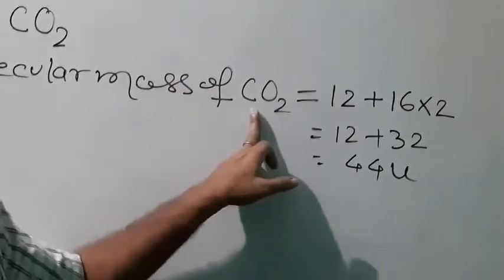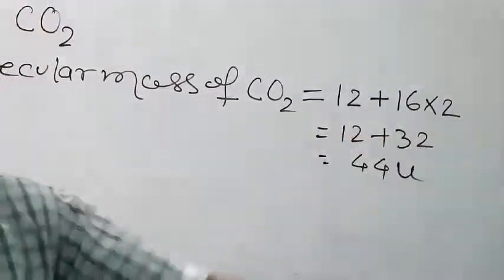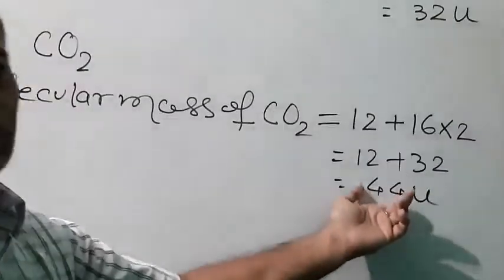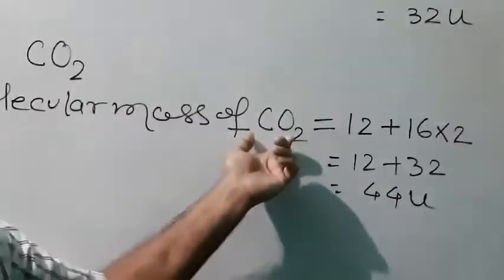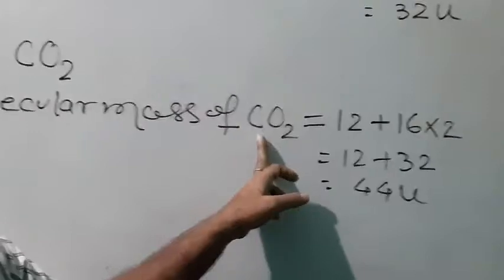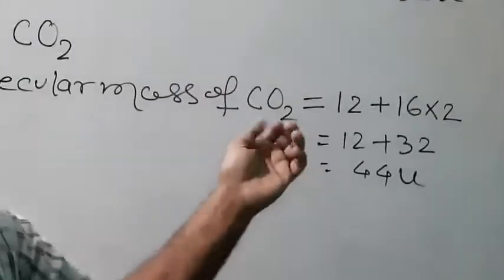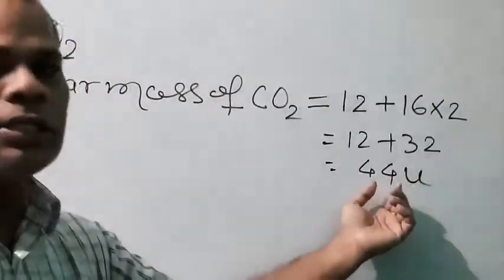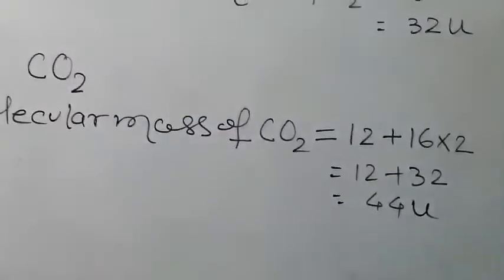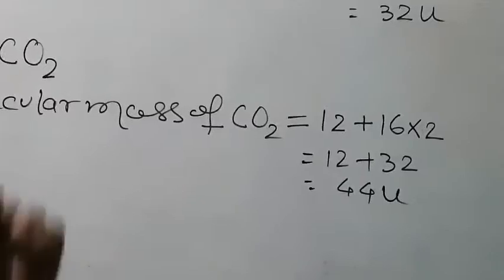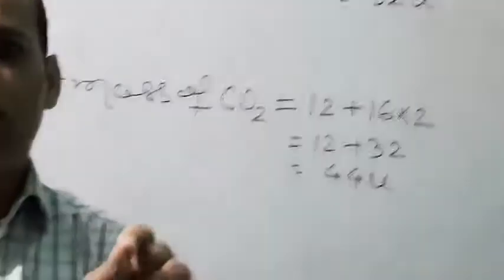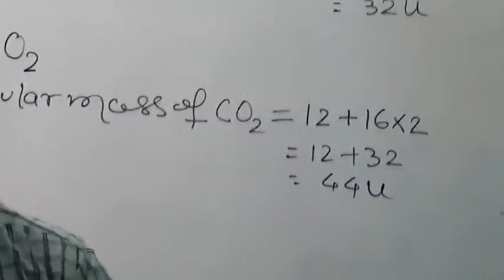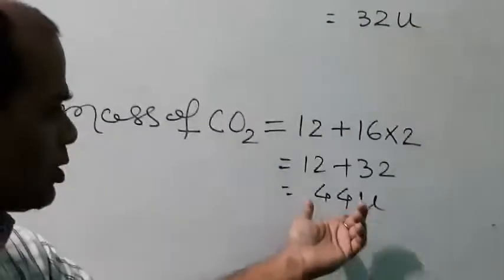Now you see how we got 44. 44 is nothing but the sum of the atomic masses of all atoms present in carbon dioxide. 44 is the molecular mass of carbon dioxide. How does it come?